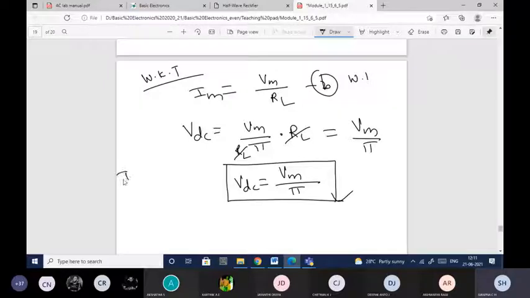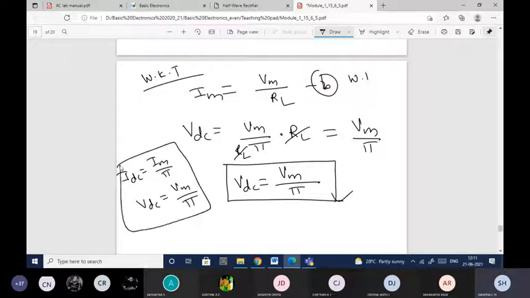Okay, so IDC is nothing but Im by pi and VDC is nothing but Vm by pi. So this is the average current or average voltage across your load. This is the DC value that is present in the output whatever we have got.